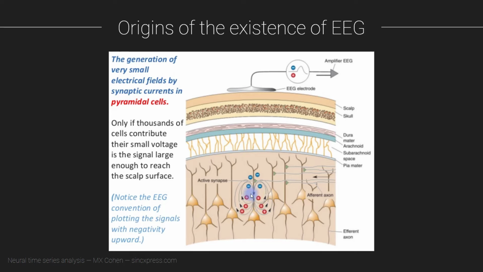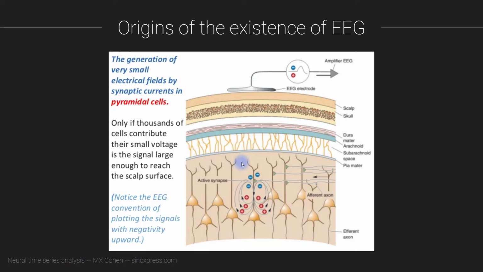Their electrical fields are individually really small and weak, but collectively they end up being large and powerful. So powerful, in fact, that the electrical fields volume conduct through brain tissue, through the skull, through the skin, and they can be measured from the surface of the skin without piercing any body tissue, without pushing anything into the head. And that is the concept of EEG.